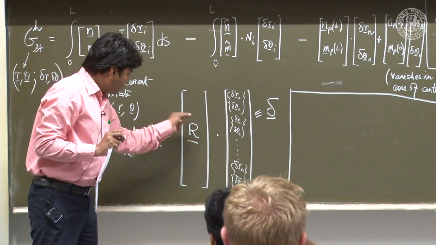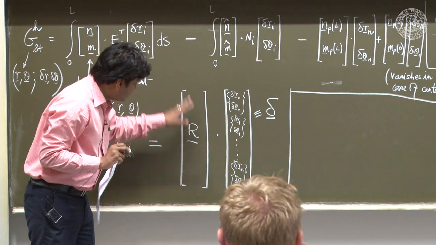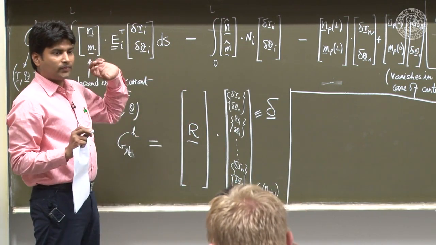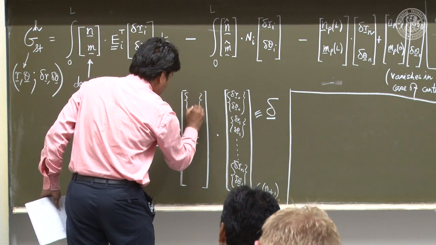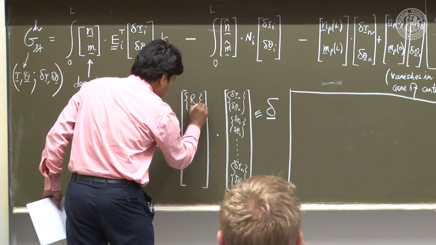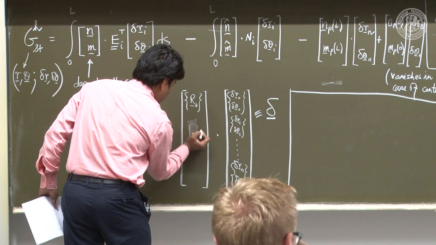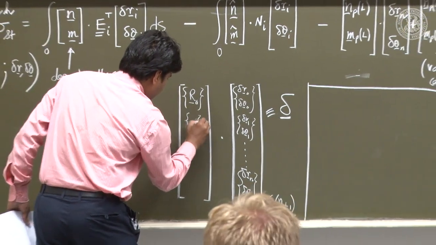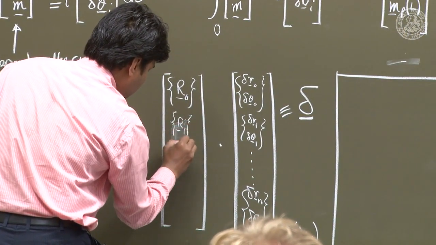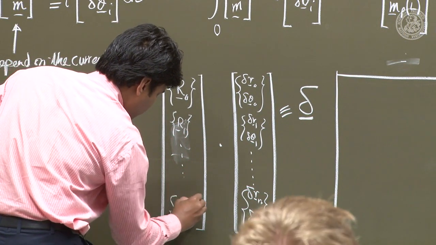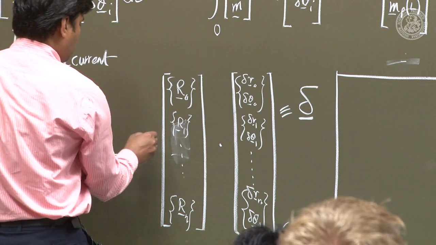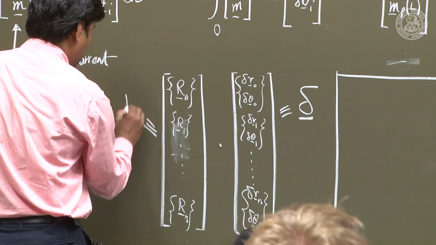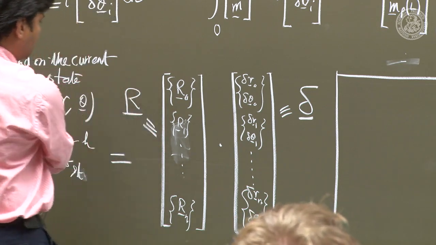So, what will be the individual components of this vector? You can think that this is also formed by your big R 0, big R 1, keep on going till the last one, big R n, and this we just call the big R vector without the subscript.